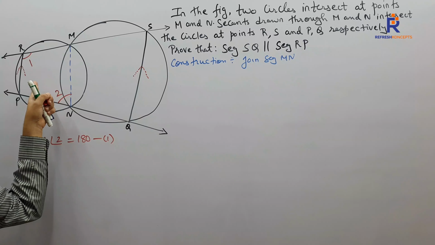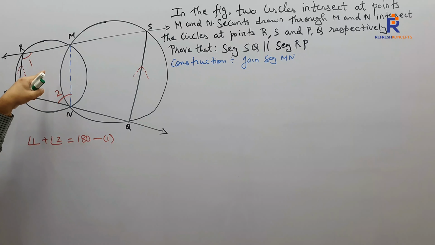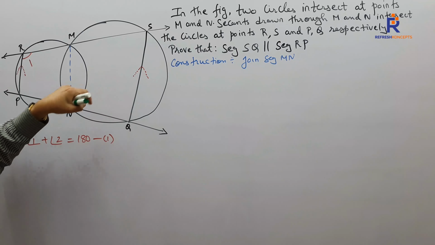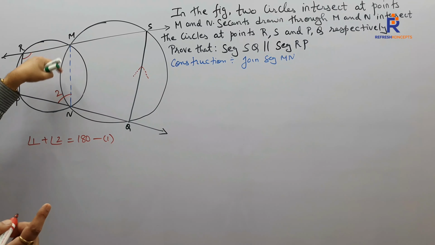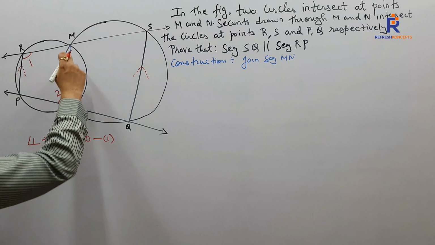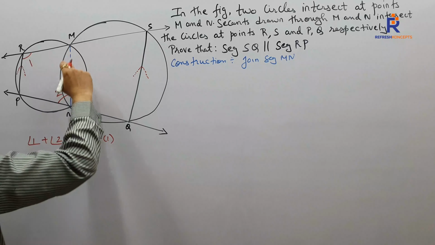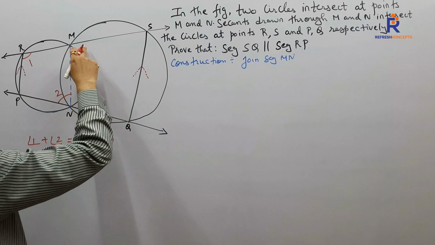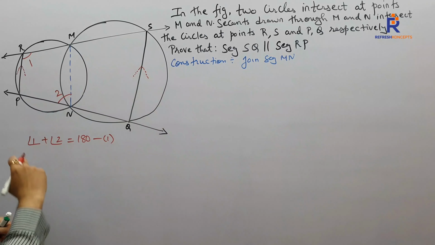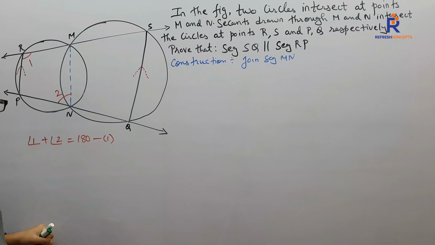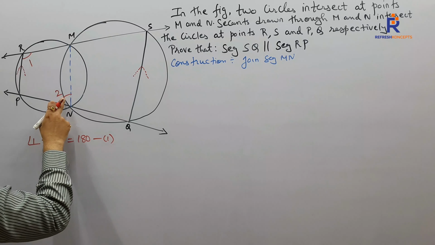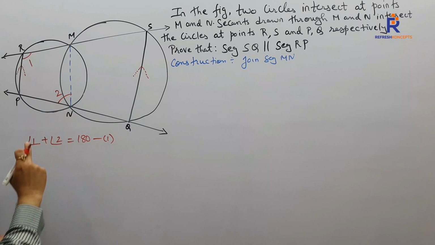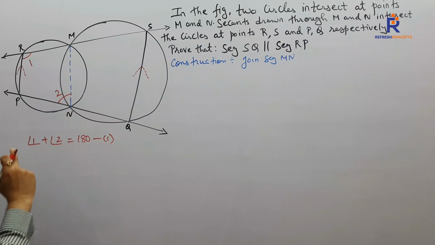Now, since you have picked up the smaller circle first, and within that a cyclic quadrilateral, now it's the turn to pick up the larger circle, and within that the cyclic quadrilateral. So can I say now for the larger circle MNQS? For the larger circle, MNQS is also a cyclic quadrilateral by definition. Is angle 2 an exterior angle for this cyclic quadrilateral?